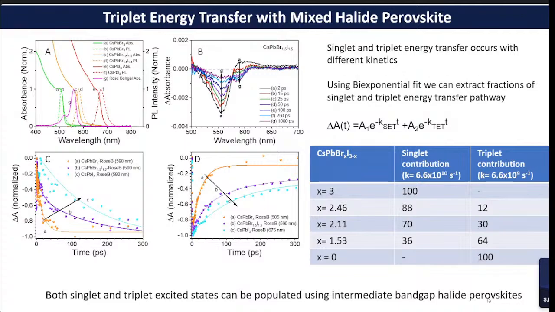Based on that, we can calculate, this is the X different one. You can see here when X is equal to 3, that means all bromide, we get 100% singlet. If it is iodide, we get 100% triplet. In between, we get both singlet and triplet. So it is nice that we are able to get both of them.